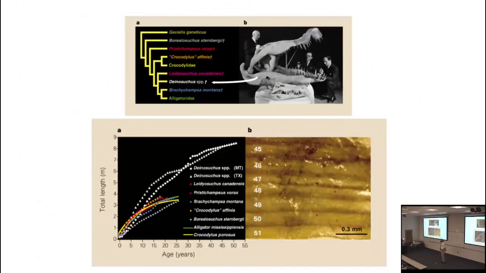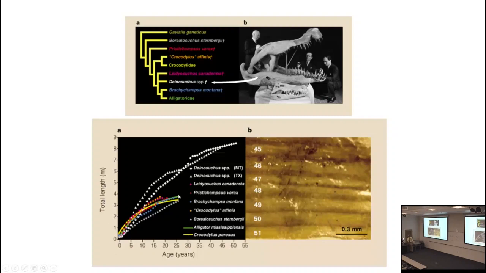Now, that's in marked contrast with other giant sauropsids, other giant reptiles. For instance, there were giant crocodilians that lived in the same environments at the same time as dinosaurs, like Deinosuchus here, a giant alligator relative. And we can look at its growth curve and find that, now this is length rather than mass, but it is continuously growing throughout its entire life history, which is a similar pattern to what we see in modern crocodilians.